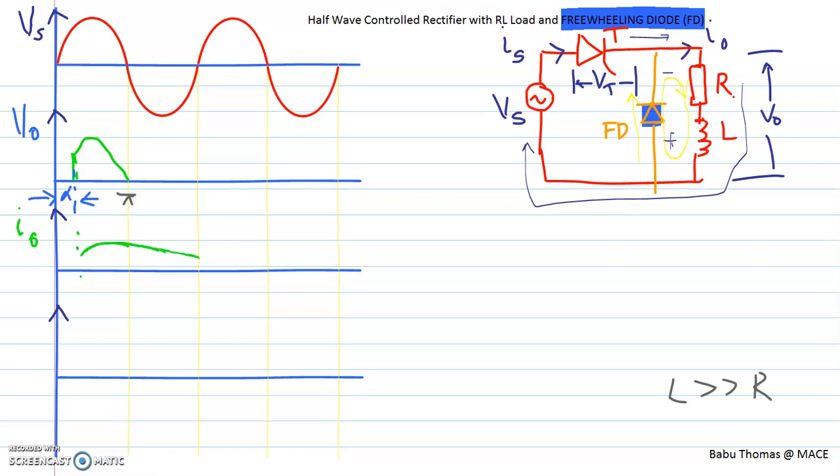Earlier this was plus and minus, and due to the switching action it has turned to minus and plus, and therefore that current flows through this freewheeling diode. Now this continues again at angle 2 pi.